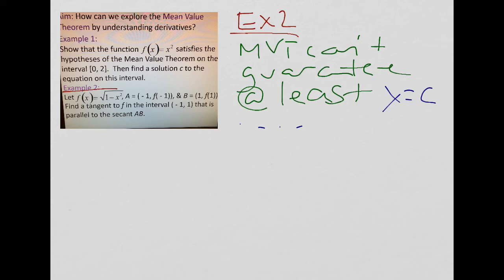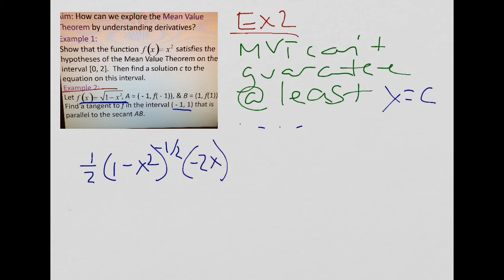So actually, in exploring this function, it is continuous even though it's on an open interval, okay? So we're going to take the first derivative for f of x. And if you need to rewrite f of x, please do.